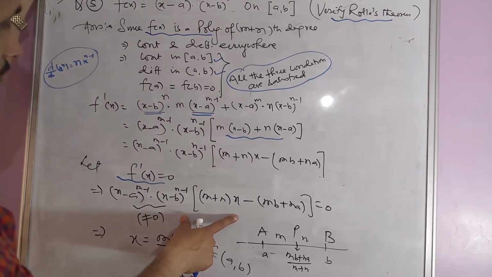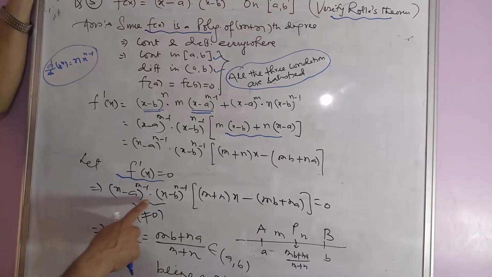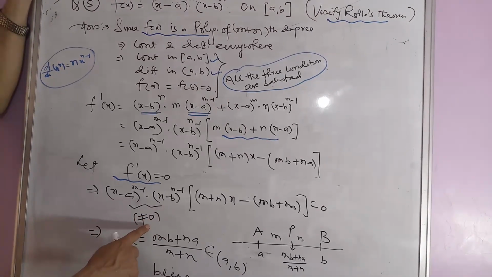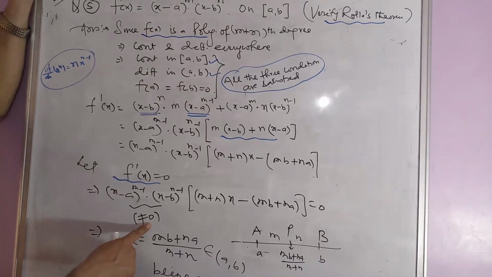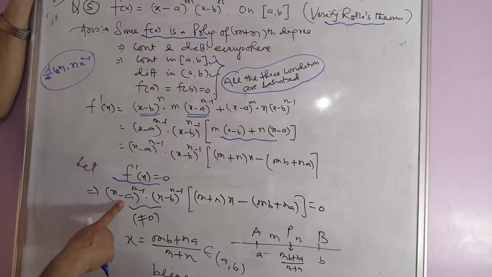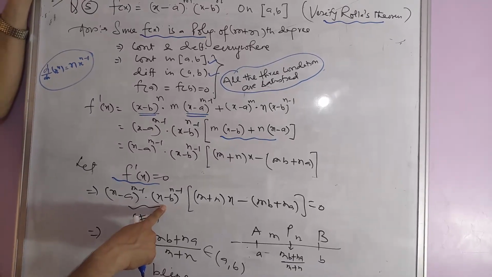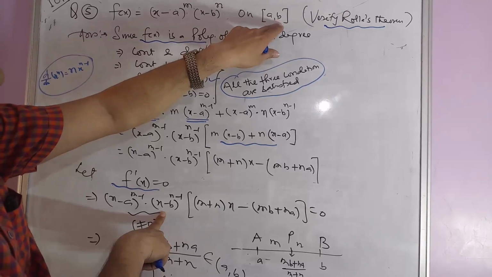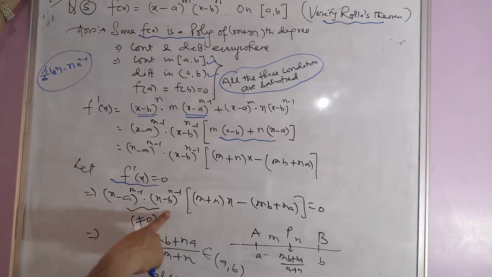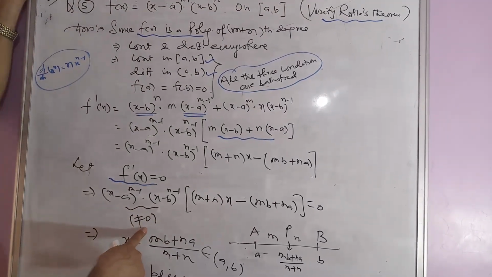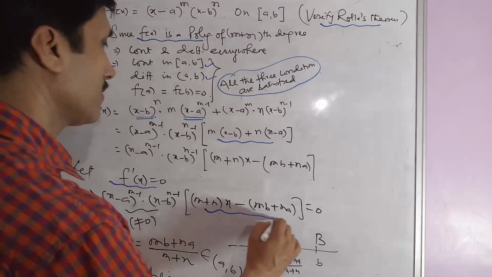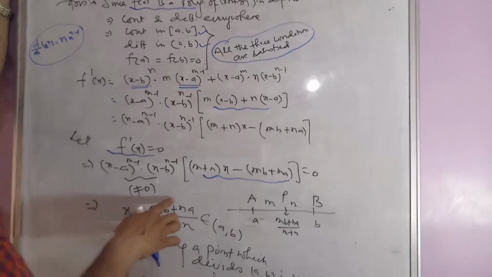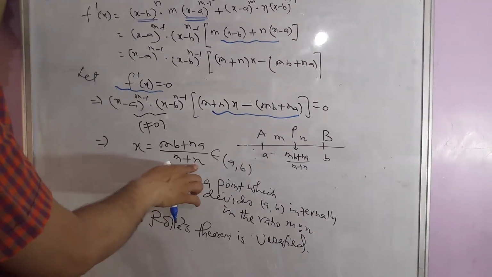Here (x minus a)^(m minus 1) and (x minus b)^(n minus 1), these two factors are not equal to 0, because if this equals 0, x equal to a, x equal to b, and here a and b are different. So only the bracketed expression will be 0. This will give x equal to (mb plus na) upon (m plus n).